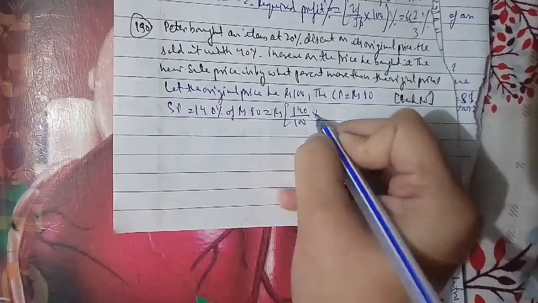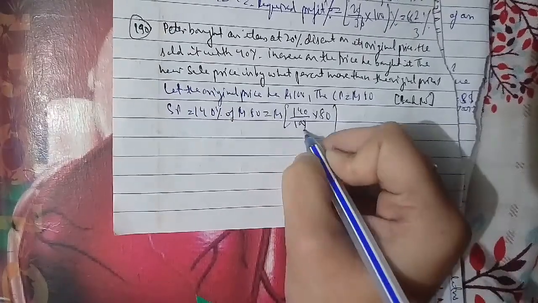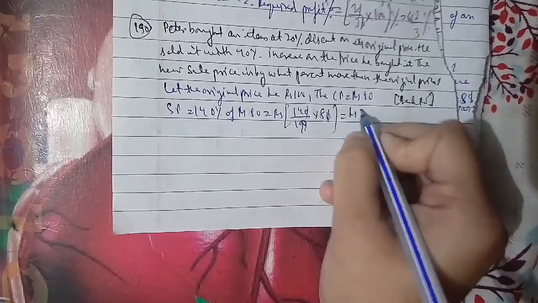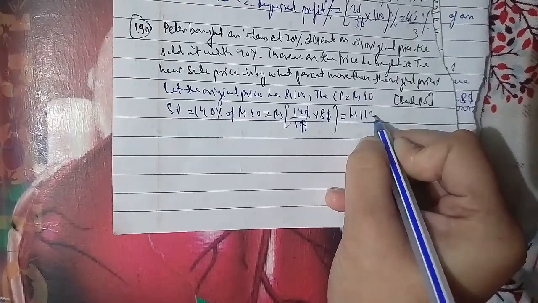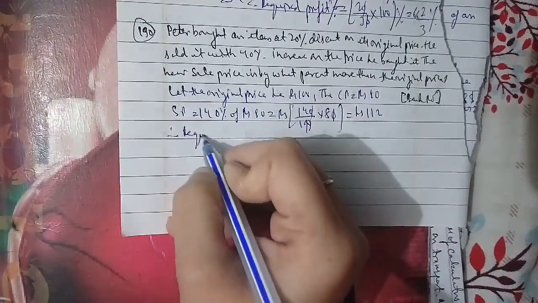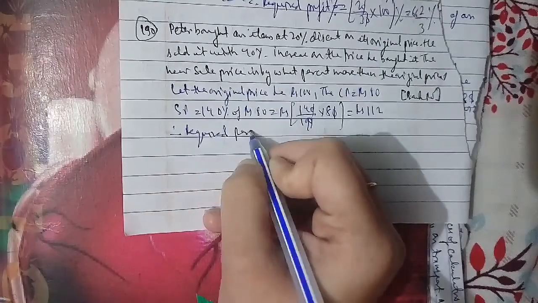So required percentage equals 112 minus 100, which is 12%. That we get as an answer here.